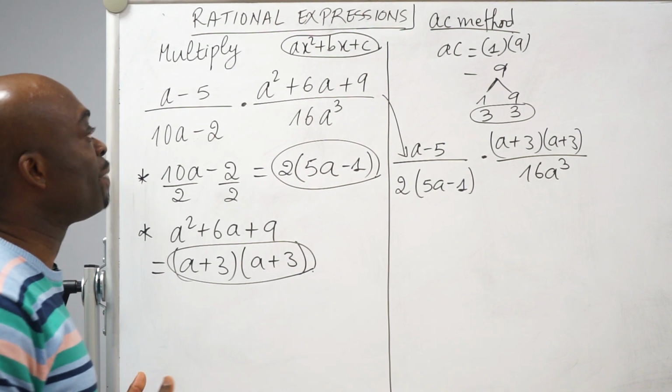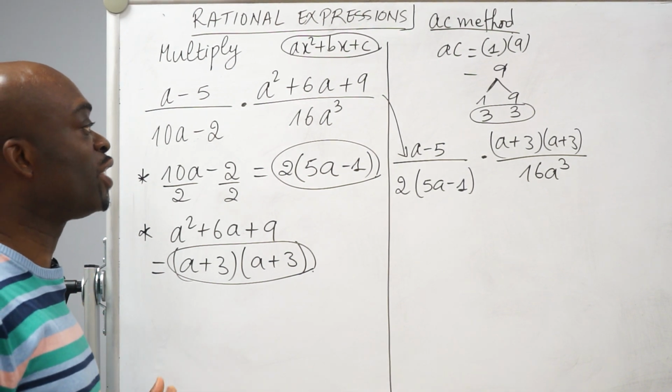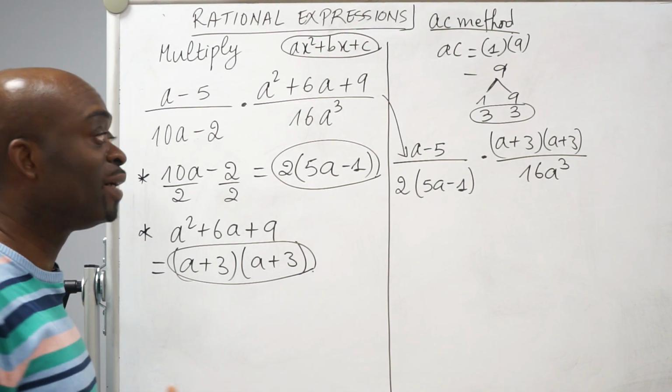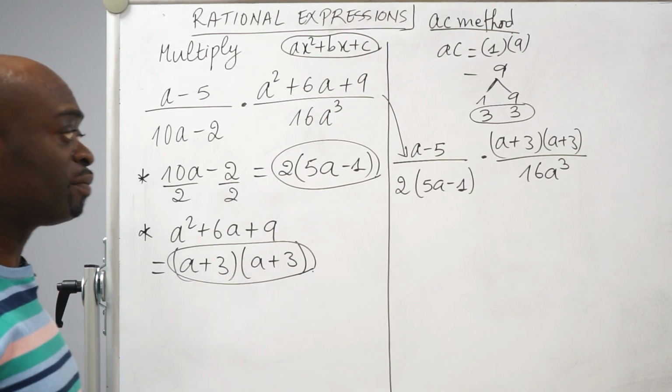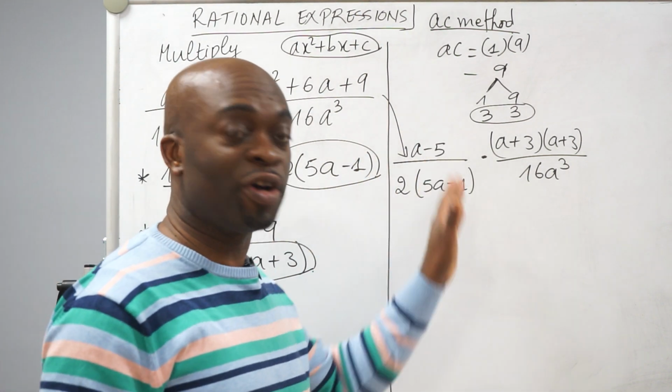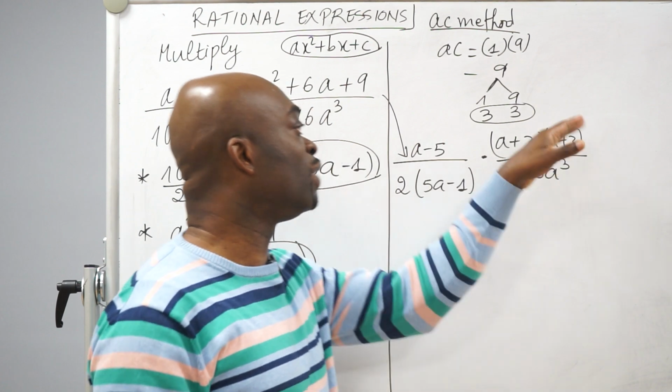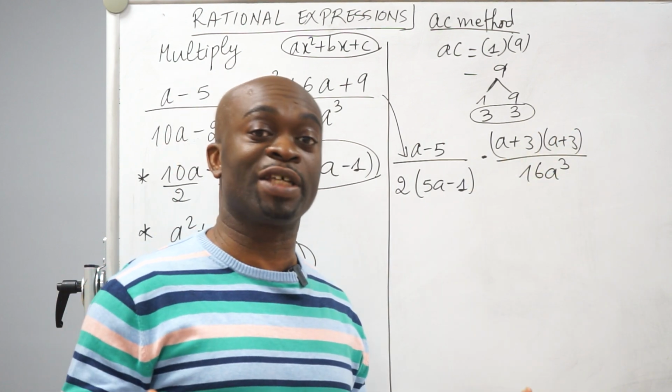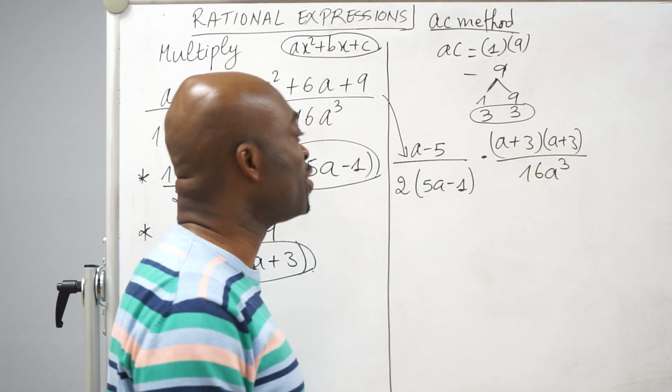This is what I'm having so far. The question is, is there anything that I can simplify across, vertically, or diagonally? That's how you simplify them. Is there anything that we see that we can simplify?